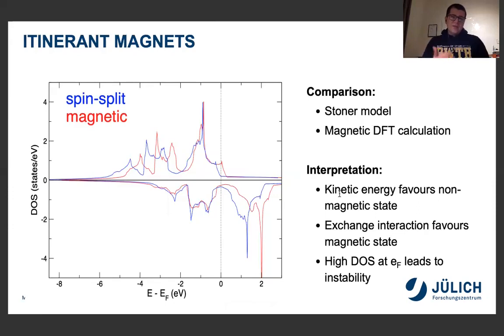So after seeing those spin splittings, we can now compare the actual Stoner model to some existing DFT calculation. So if we now do a DFT calculation and calculate the density of states for both spin up and spin down, you can see here the red curve, which is the DFT calculation, and the blue curve, which is the Stoner model.